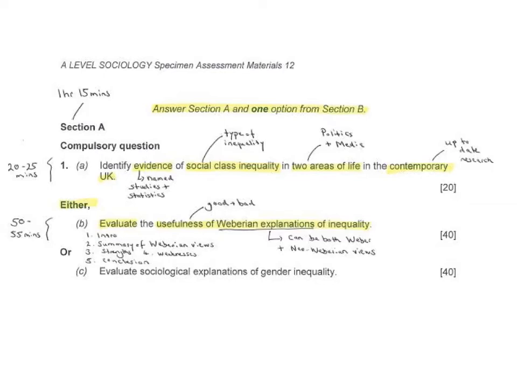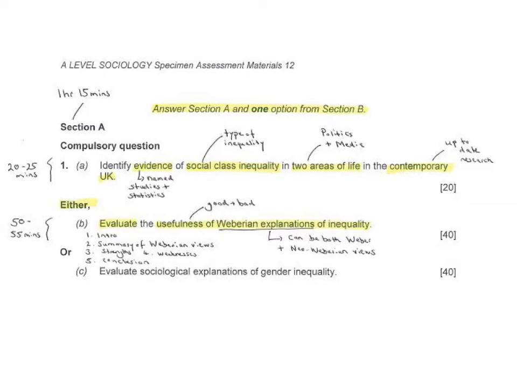So what I would be thinking in the exam, when I'm planning my answer, is that probably a 5-part essay structure will work for this type of question. So I need an introduction, then I need a section where I clearly describe and outline the Weberian explanations of inequality, and then, because the command word is evaluate, I need to look at the strengths and weaknesses of those explanations.